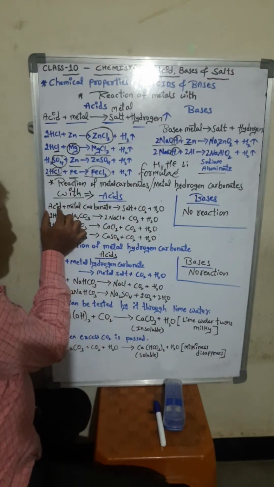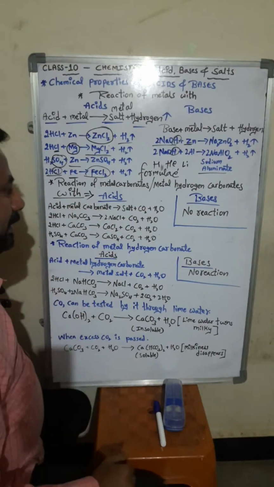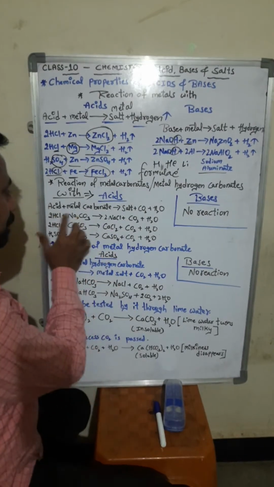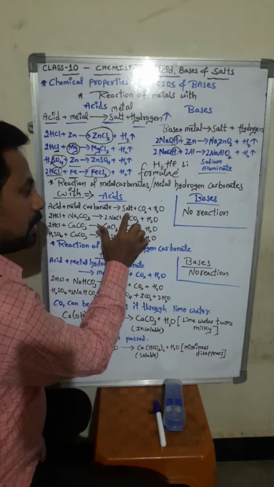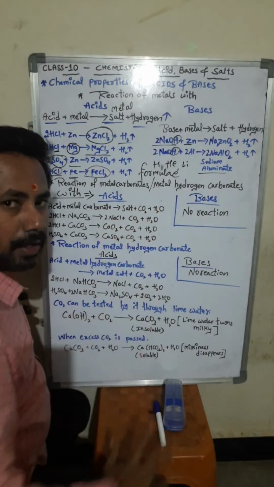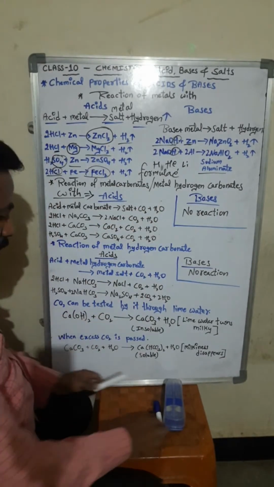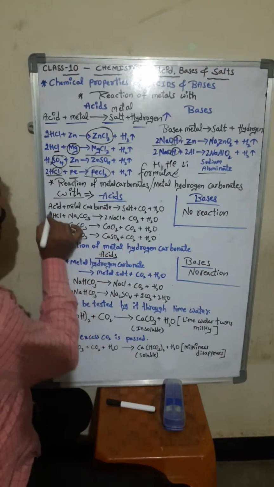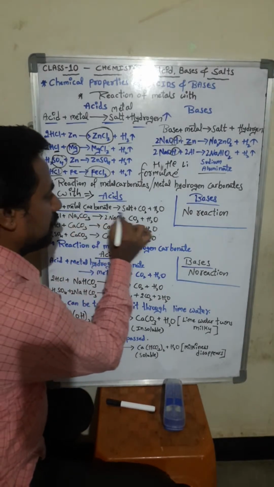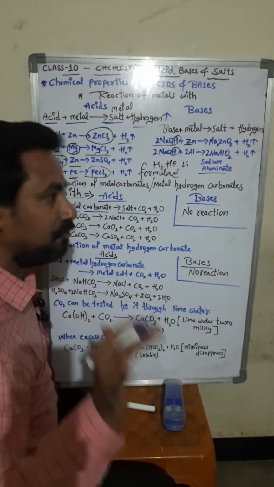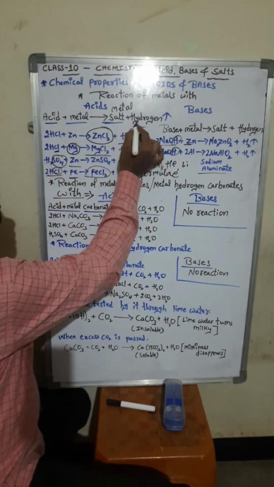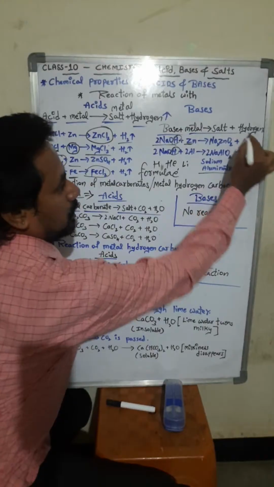Now, acid plus metal carbonate gives salt plus carbon dioxide plus water. This is the formula you have to remember, very important. If you remember this one, all the reactions will become very easy. See, these formulas are very important, students.